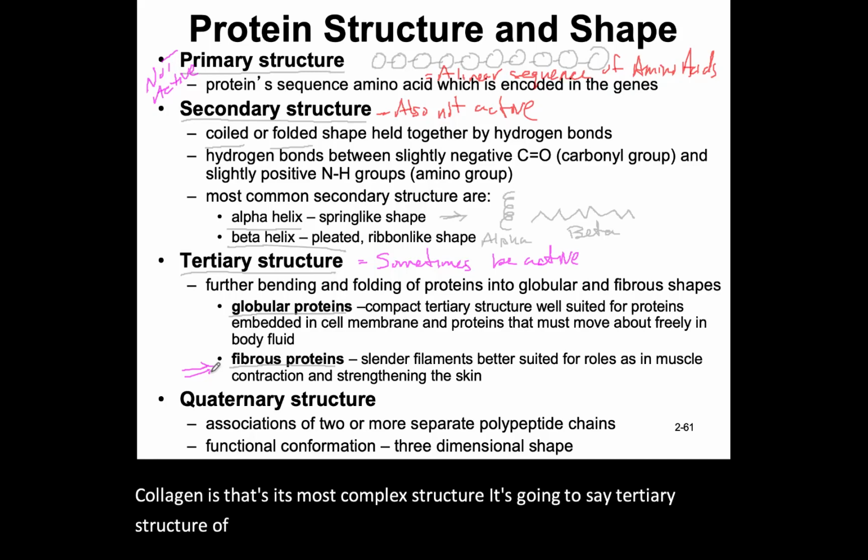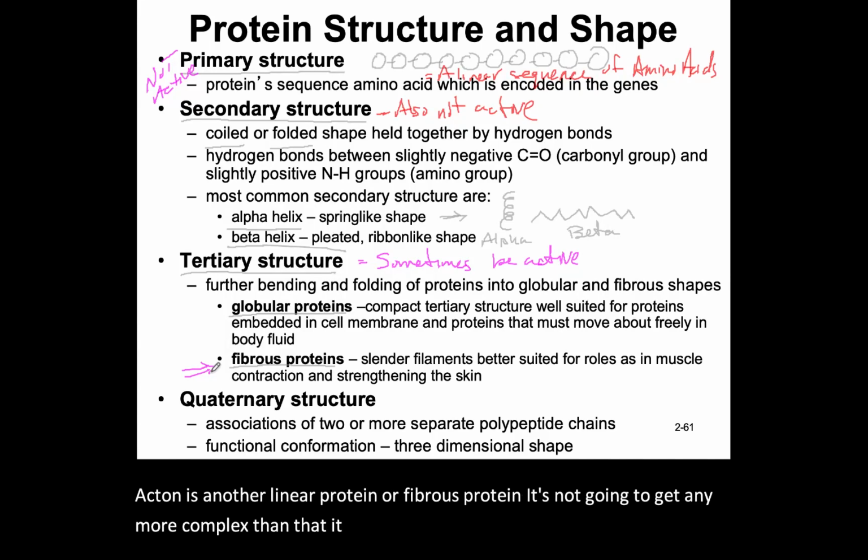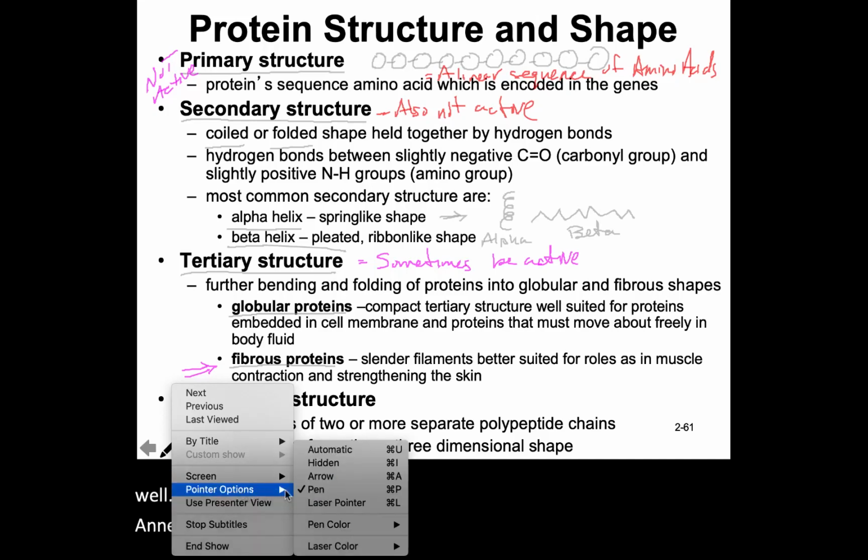It's not going to get any more complex than that. Actin is another linear protein or fibrous protein. It is active. But you have globular proteins as well, and globular proteins are usually not active.